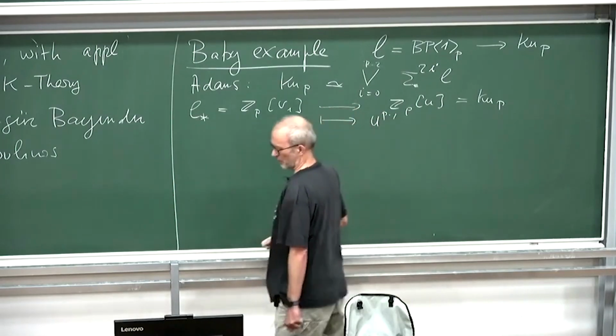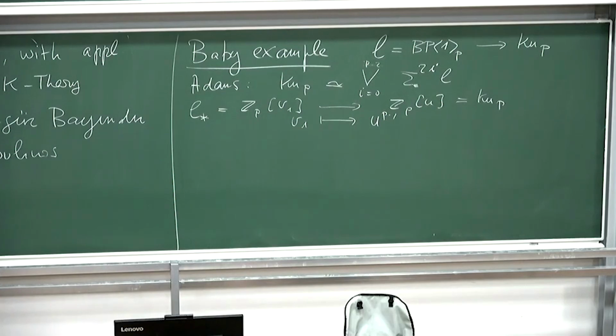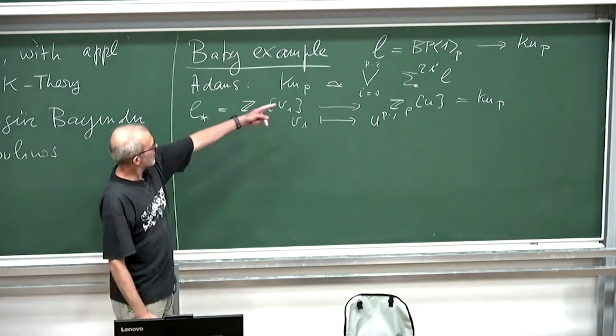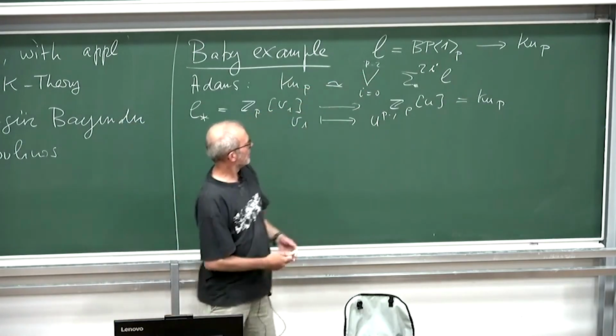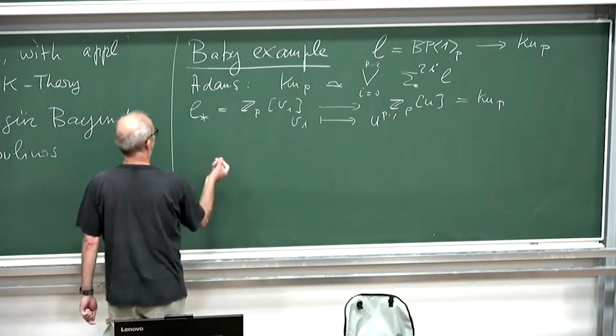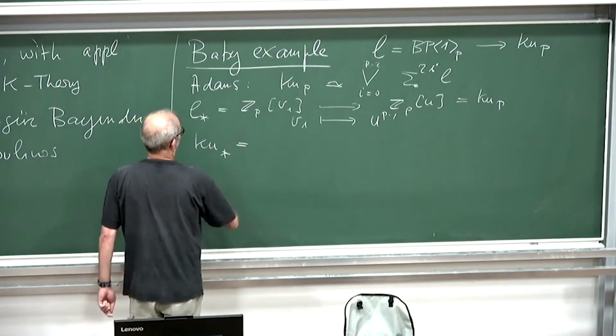And we have this relation on homotopy groups. And we would like to say that, in fact, the spectrum KU is obtained from the spectrum L by adjoining a root to v1. So on coefficients, of course, we have then this relation.